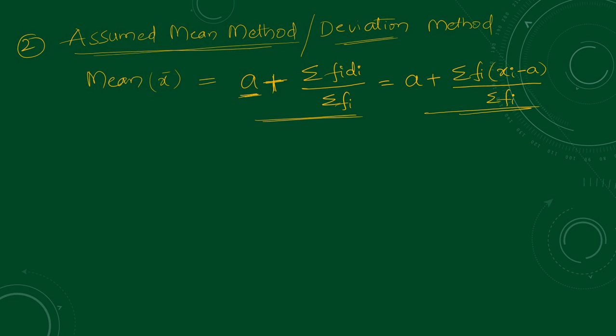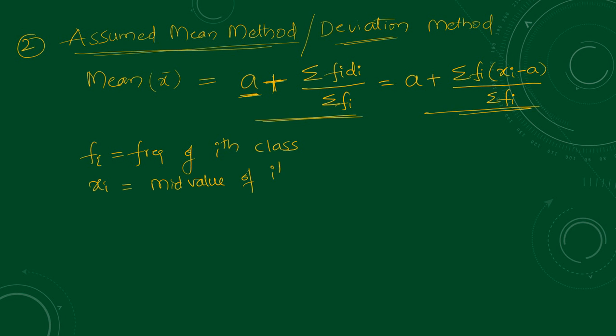Here we are going to discuss each and every term. What is fi? Already in the previous method we have discussed: fi is the frequency of the ith class or ith class interval. Next, you already know xi: xi is the mid value of the ith class.